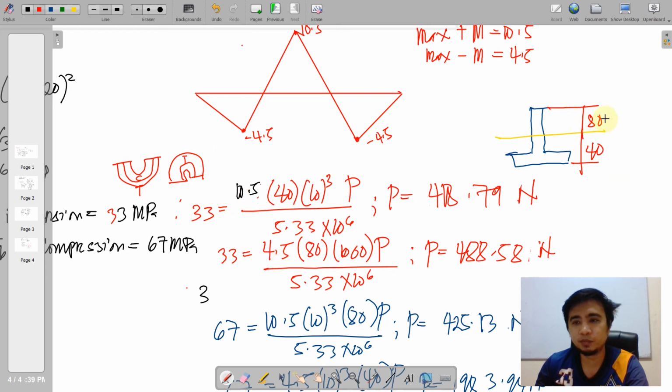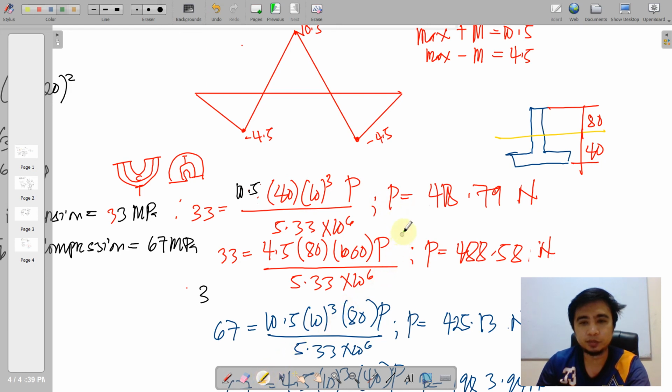And the top fiber dimension is 80, so that will be the multiplier here. And then 1000 intended to convert your meter to millimeter. And then we just divide it by your I. And then therefore, this will yield to 488.58.